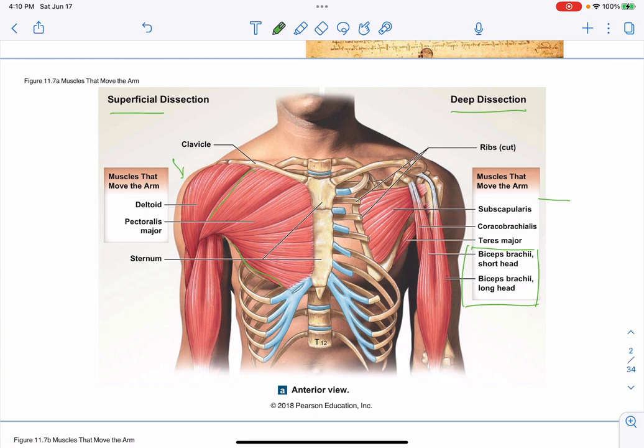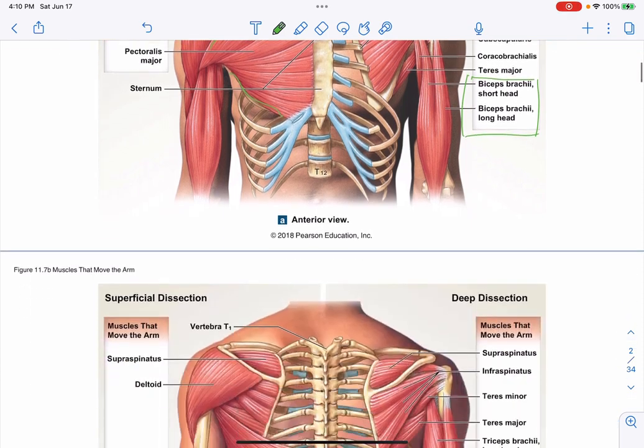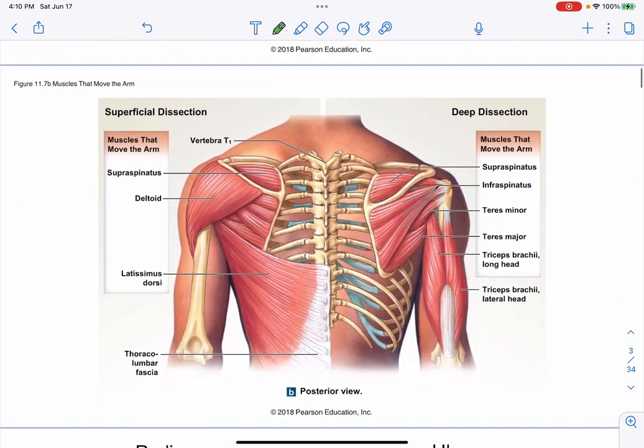But I wanted you to at least be able to see these images taken straight from your book, so you can see all of the muscles and where they are located with respect to the other muscles that I talked about. So you can see teres minor here. You can see that teres major is going to insert much lower on the humerus. So I just wanted to make sure that you had these slides as well.